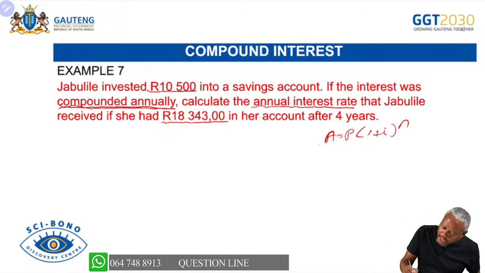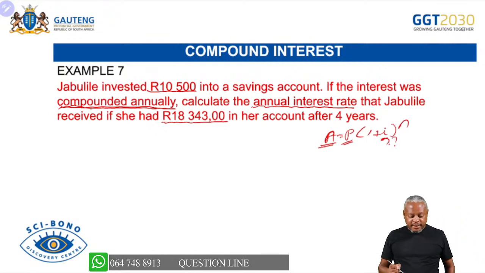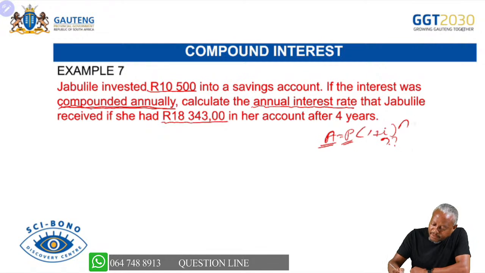Now, what is our A? We have to identify what our A is first, and then identify what our principal is. The number of terms is given as 4 years.